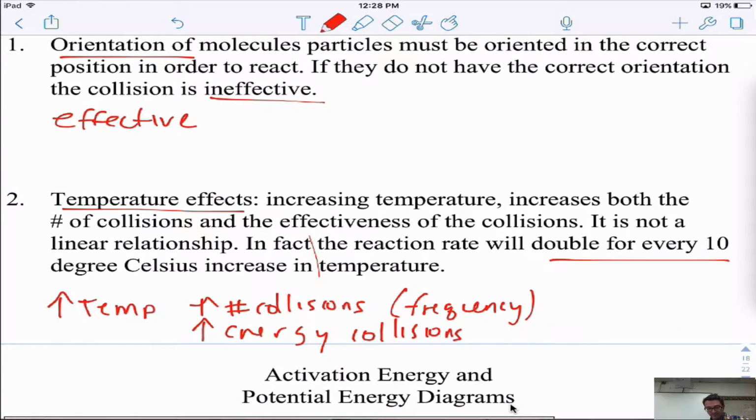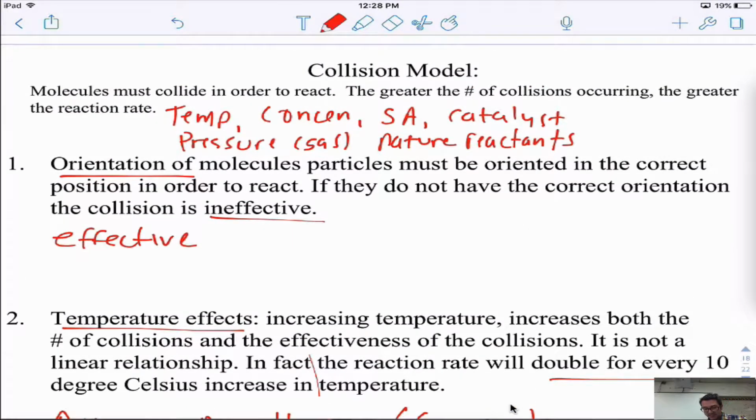Okay, something else about collisions that I want to tell you about is that only temperature does this with the energy. Concentration, surface area, and pressure all affect just the number of collisions. Since you're effectively adding more particles with concentration, surface area, or pressure, you are just adding to the chances of there being a collision, effective or ineffective.